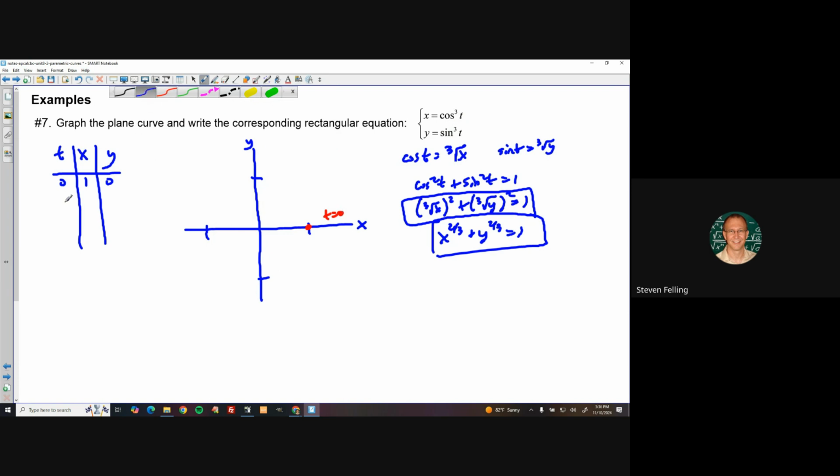Okay, then we could pick, actually let me try a lot of granularity here. What's pi over 6? So this would be, let's see, cosine of pi over 6. Cosine is square root of 3 over 2, but then cubed. So that would be 3 times the square root of 3 over 8.